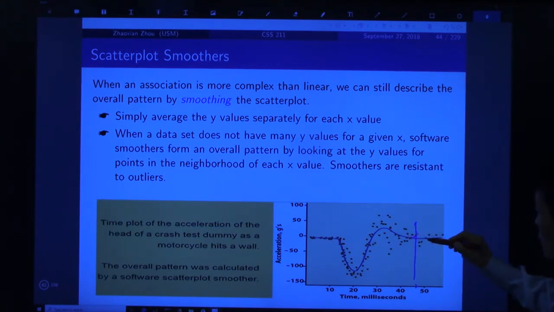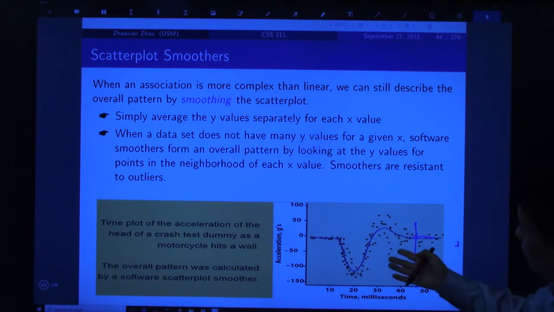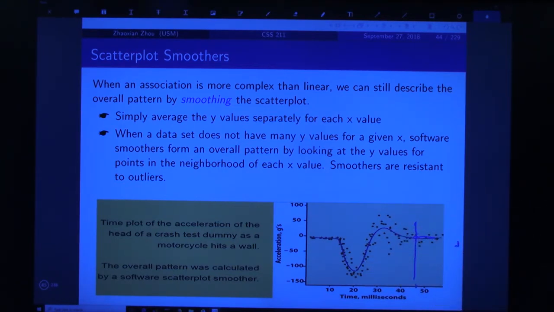So we can use other techniques, use software, and still draw the line. This is very similar to the least squares fitting we are going to discuss next chapter. But anyway, for special cases, we use special software to smooth the scatter plot.